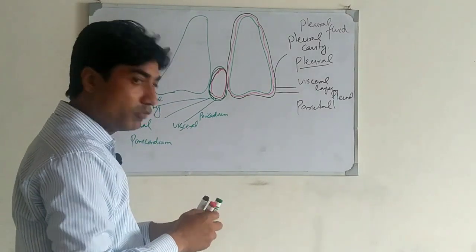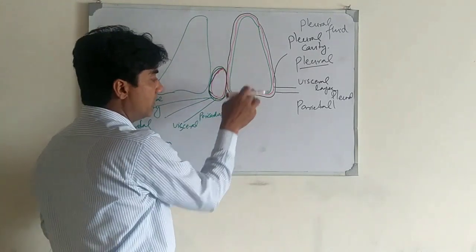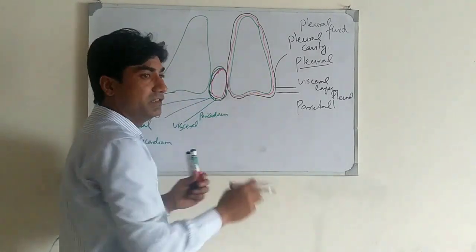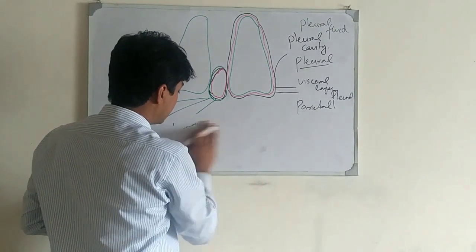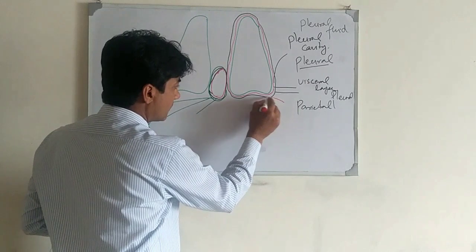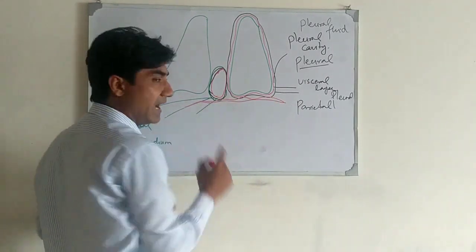Now we are moving towards the abdominopelvic cavity. Between the abdominopelvic cavity and the thoracic cavity there is a muscular sheath called the diaphragm. Initially it was a coelom, as we have discussed.